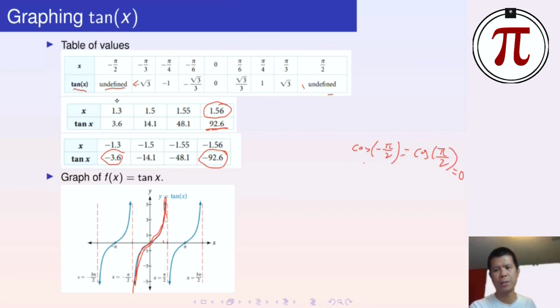Okay, and this curve has a period of pi, so it will repeat after every pi. This one is centered at 0, next is centered at pi, this one at negative pi. And then this is going to repeat.